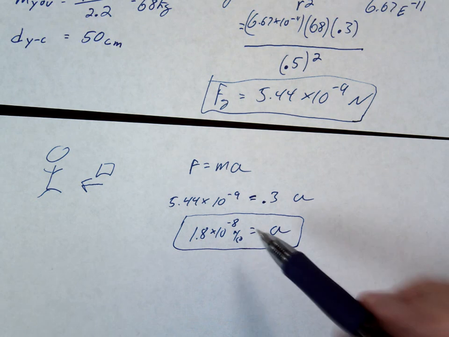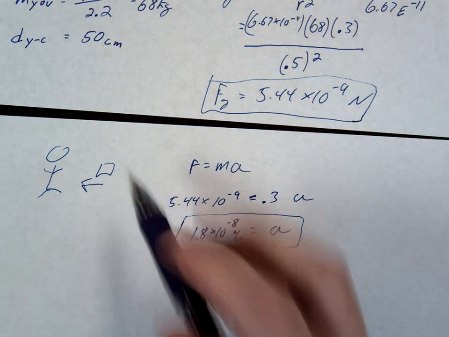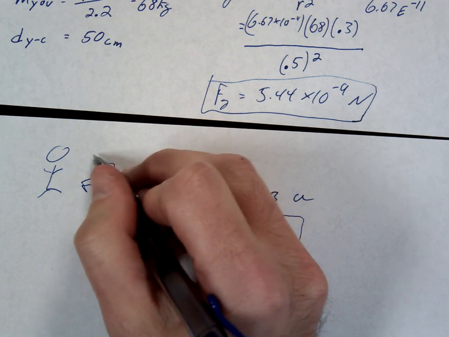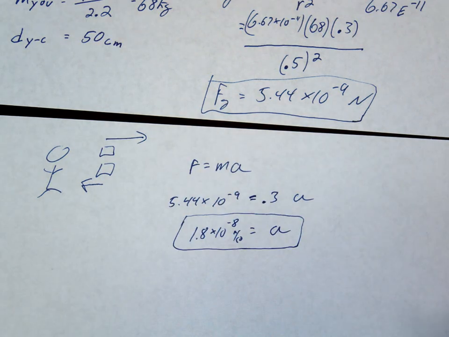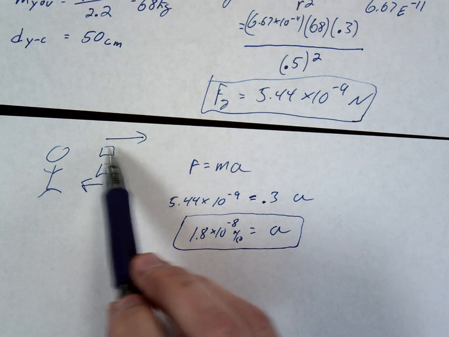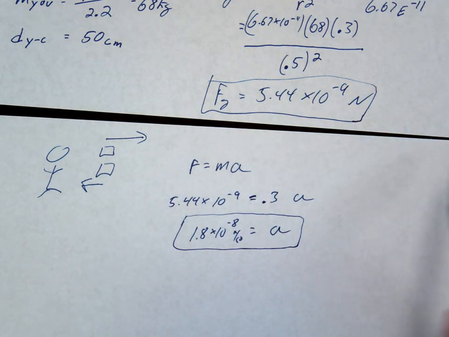Well, that's my acceleration. If you start moving away, let's say you throw this calculator this way, right? There's a force of attraction to it, but it's going to get farther and farther and farther. And as it moves farther away, what should happen to the force of attraction? It should actually get weaker and weaker and weaker.